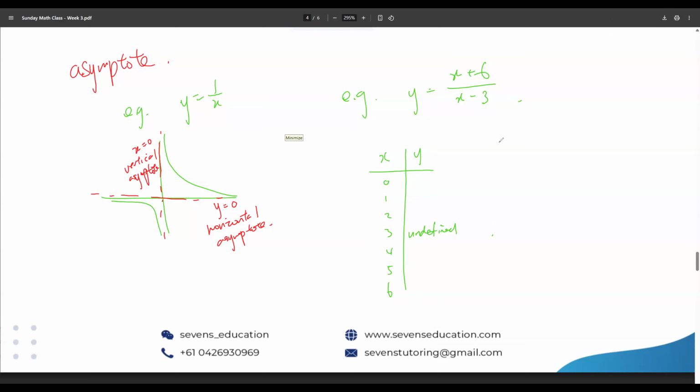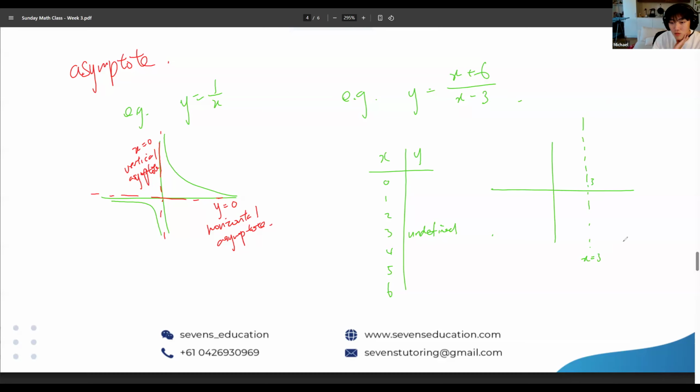Okay. I'll give you a hint. Since x equals 3 is undefined, right? We cannot have x equals 3 as any point. It's not going to have x equals 3 anywhere. So x equals 3 is actually the vertical asymptote, okay? Does that make sense?